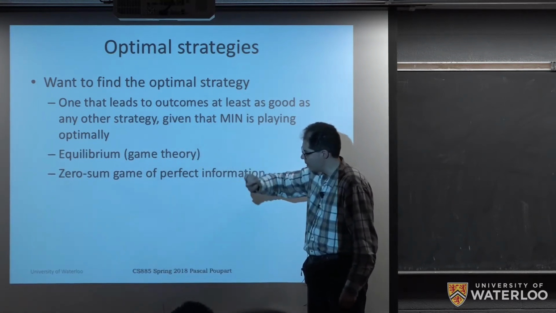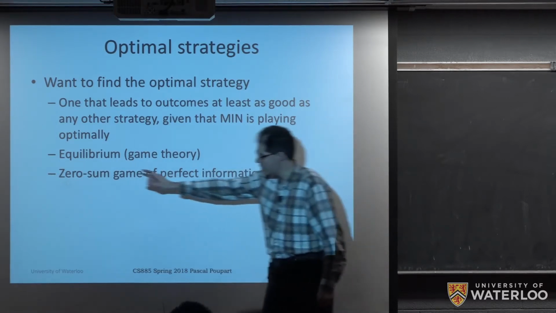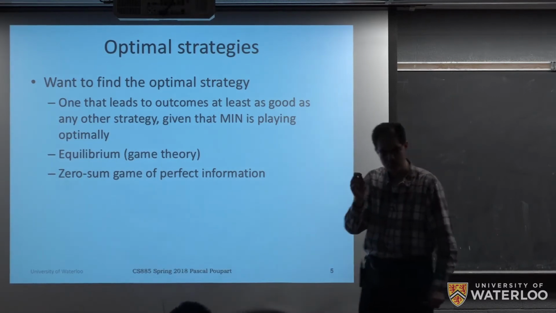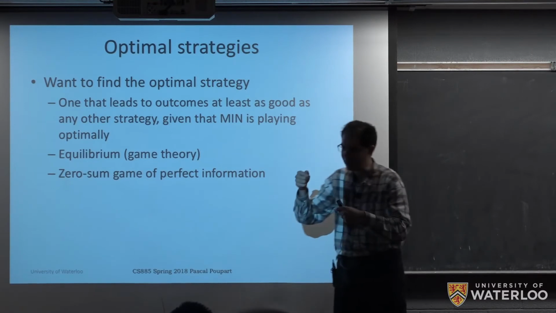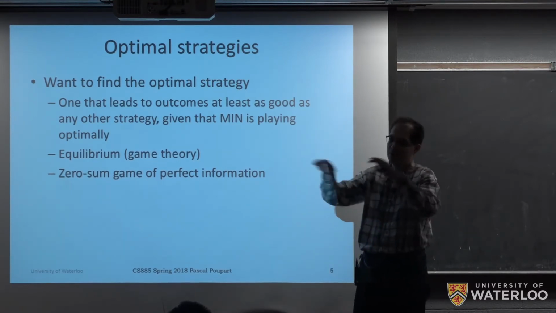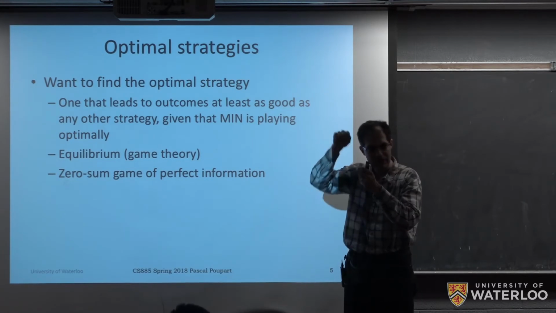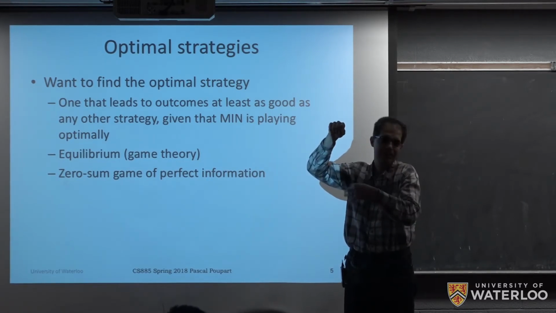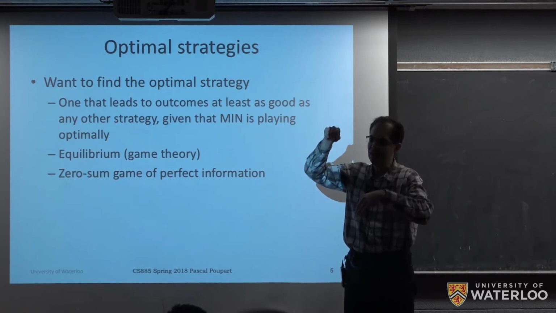In particular, this type of game is known as a zero-sum game. If I have a single score and max is trying to maximize and min is trying to minimize, it means that if we start with a score of 0, whenever one player does something good and improves the score, the other player is losing by the same amount, and vice versa.